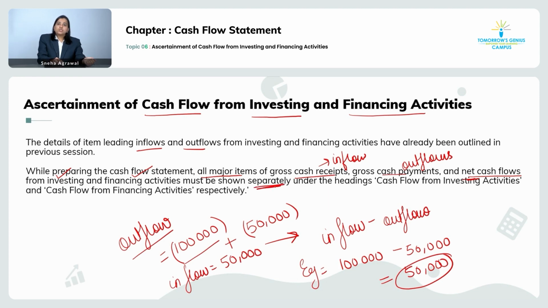It has to be shown separately under the headings cash flow from investing activity and cash flow from financing activity respectively. Since the way we prepare the format for financing and investing activity is similar, we have merged them for ascertaining the cash flows. But for preparation in the format, you have to show them separately. Okay, let's check the format.